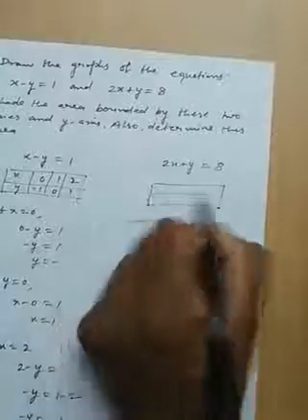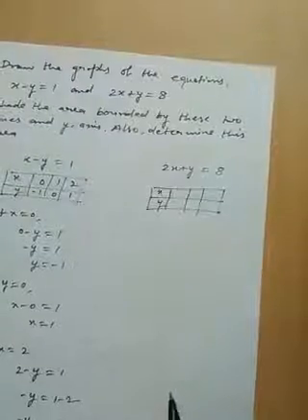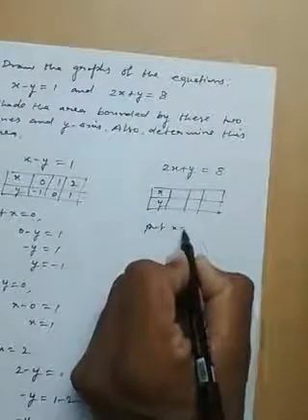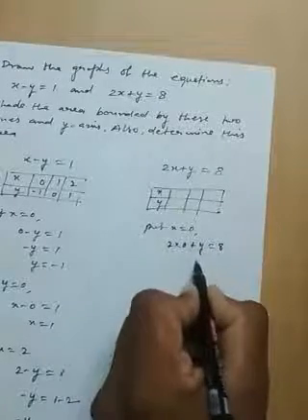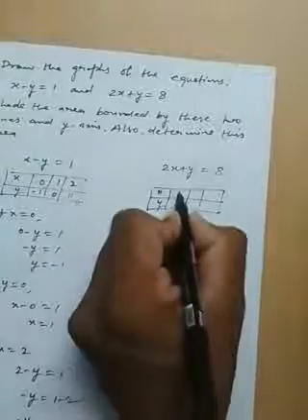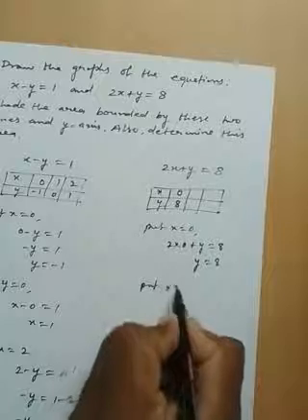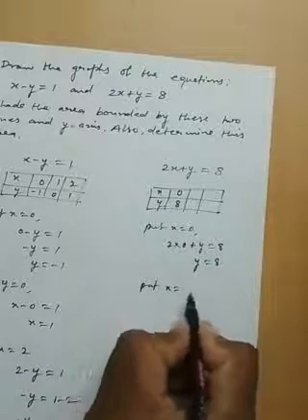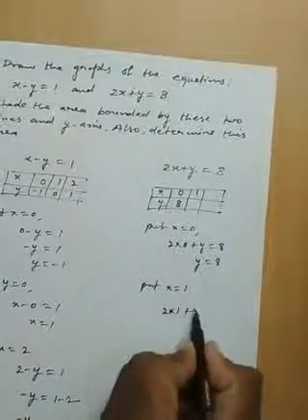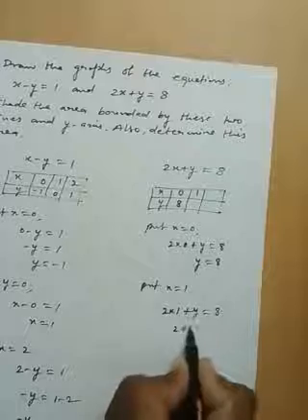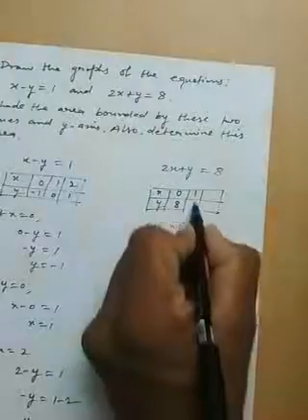Similarly, for finding the solutions of another equation, put x equal to 0, then y equal to 8. Put x equal to 1, then 2 plus y equal to 8, and y equal to 8 minus 2, 8 minus 2 is 6.